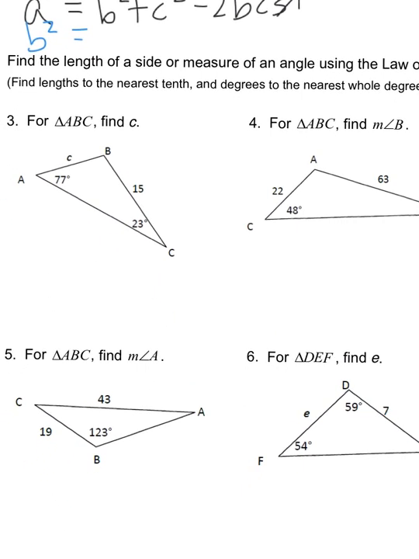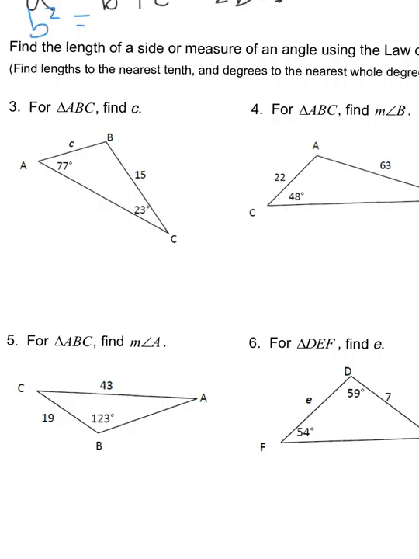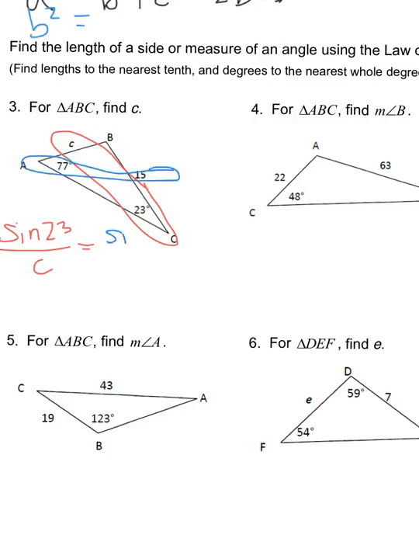So this part, find the length of the side using law of sines. It's going to tell us what to use, law of sines or law of cosines. So in this one, you can use law of sines. Sine of 23 is to the side opposite, C, as, I'm going to circle these two that are opposite, sine of angle 77 is to the side 15.